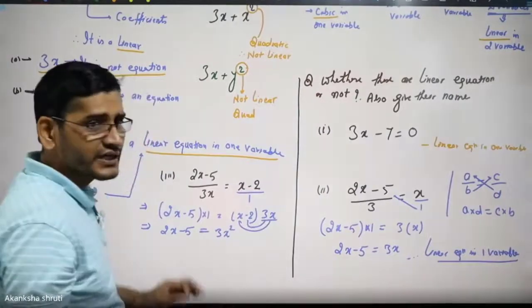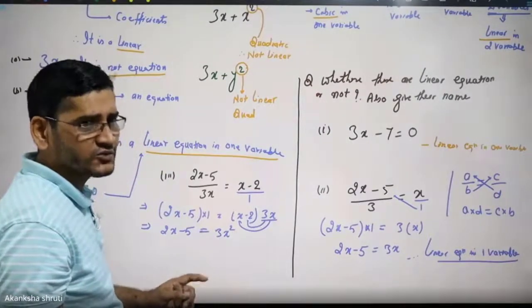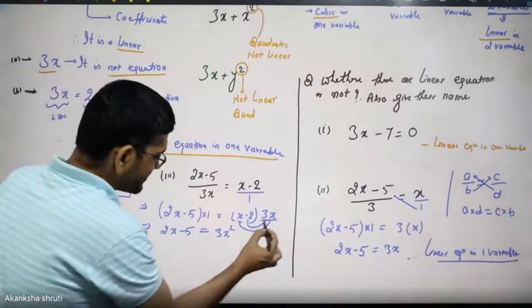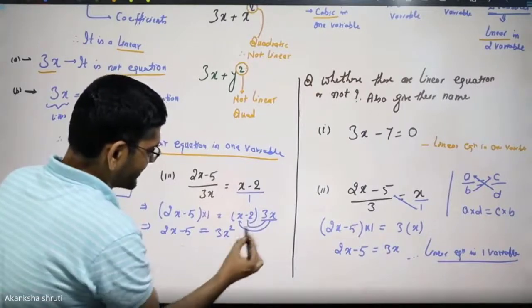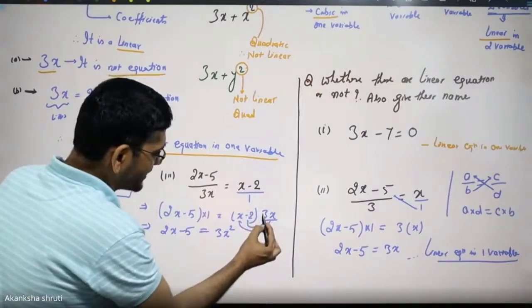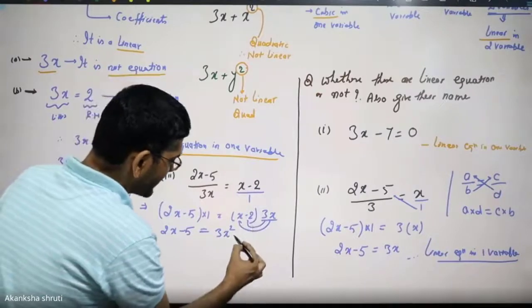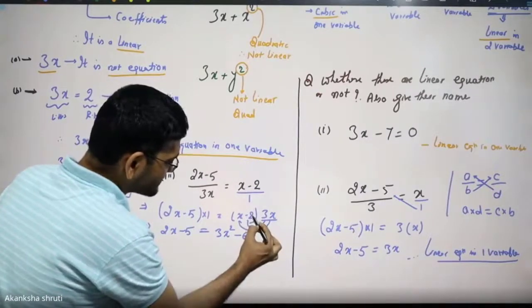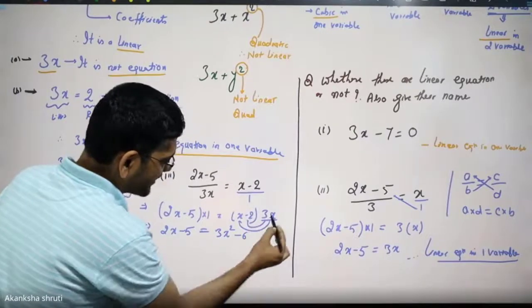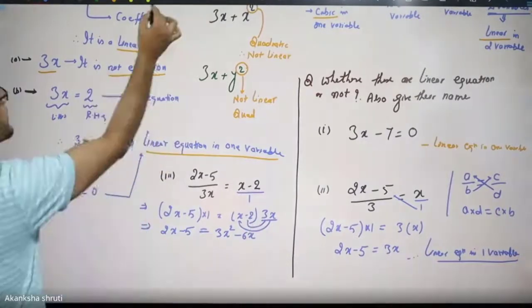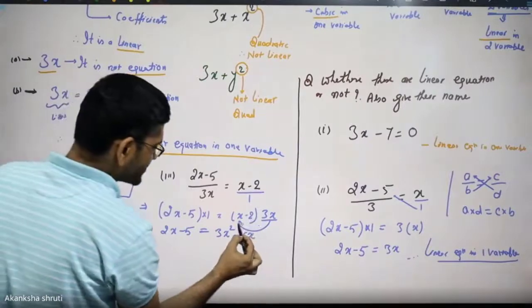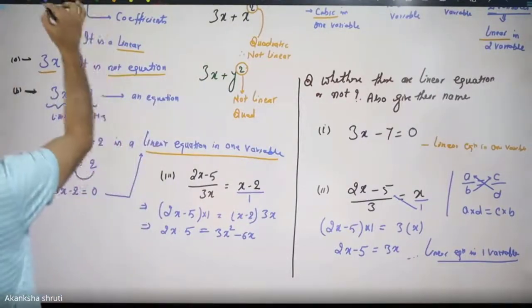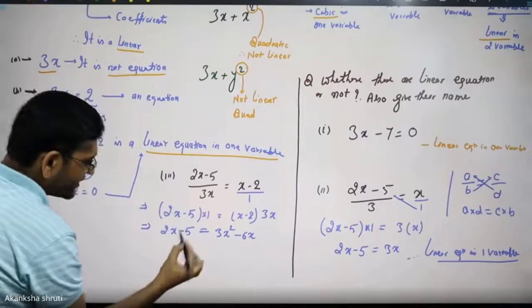Like 3 multiplied by 3 is how much? 3 square, becomes 9. Similarly, the same rule we are applying for the variable. Now minus 2 has to be multiplied with this 3, it becomes minus 2 into 3 is minus 6. No x was present for this second term, but x is here, so it is this. Here we are observing, students, that this equation is no longer linear.